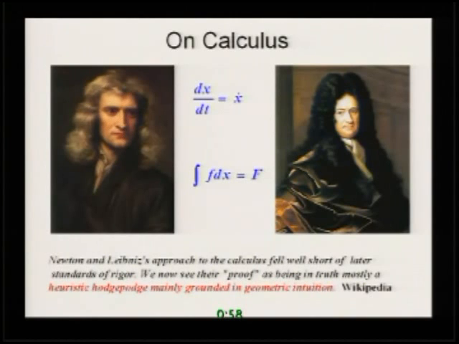So Leibniz published his paper in 1675, ten years later than when Newton claimed he first summarized all his work on calculus. And Newton accused Leibniz of copying his work.